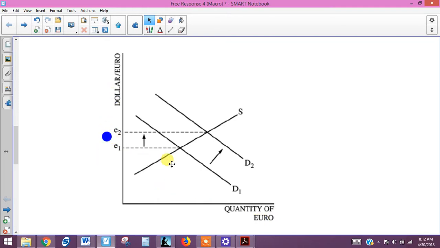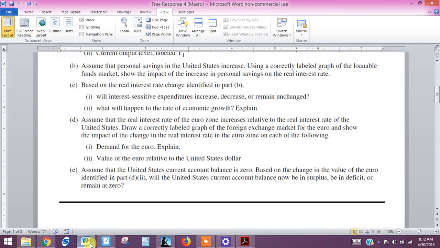So when the real interest rates are higher, now this is a different type of investment. This is a financial investment. I'm not sure it actually says a financial investment, but that's what it is. It talks about the foreign exchange market.